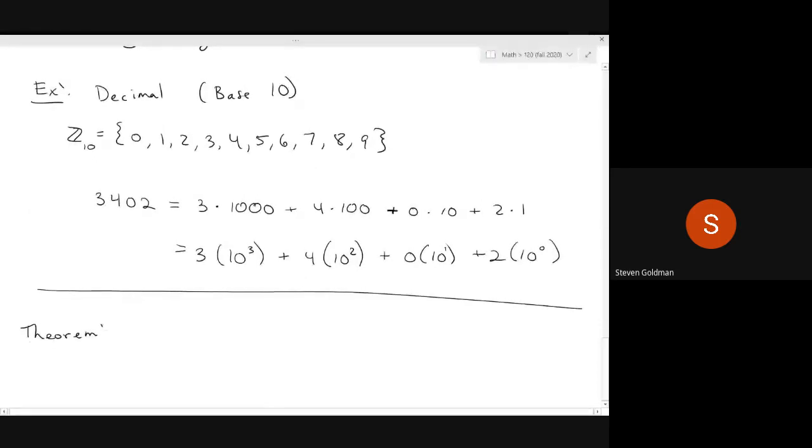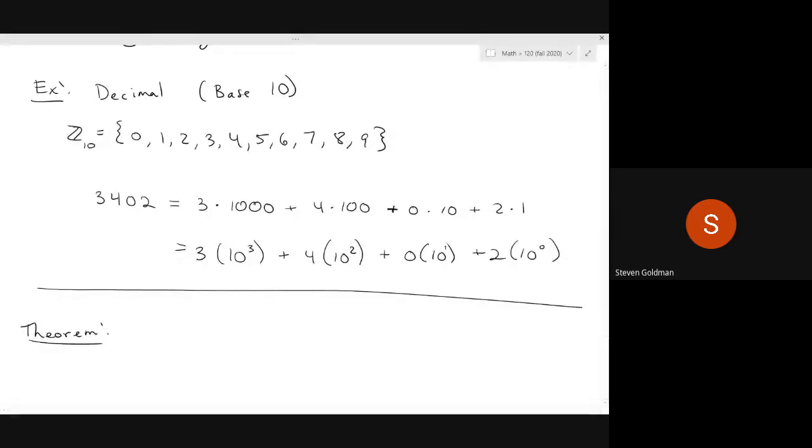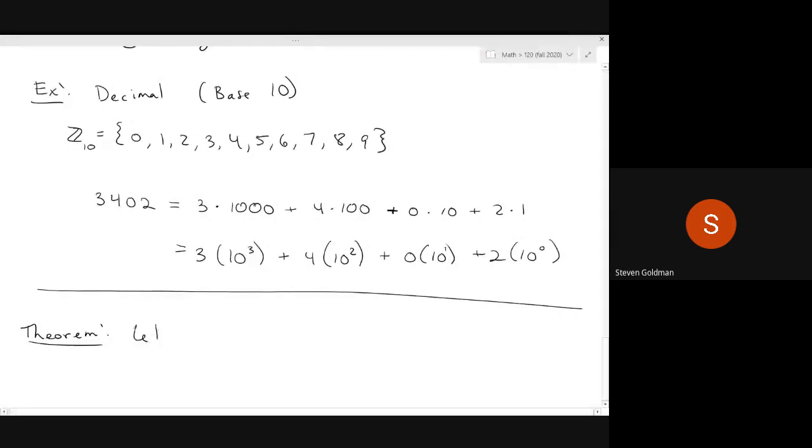So let me give you a theorem here, and then we'll discuss different bases. Let b be an integer greater than 1.